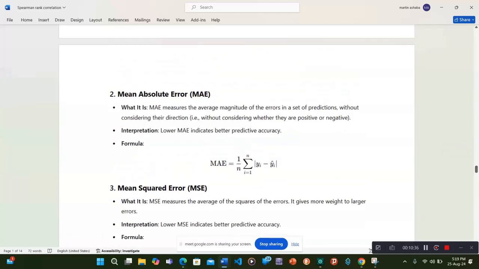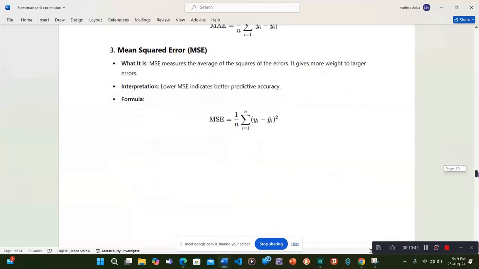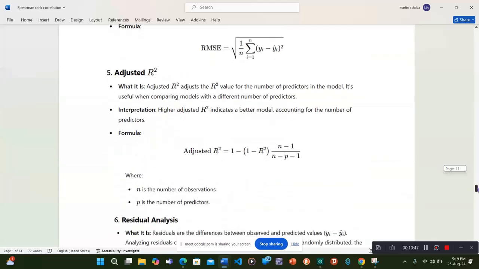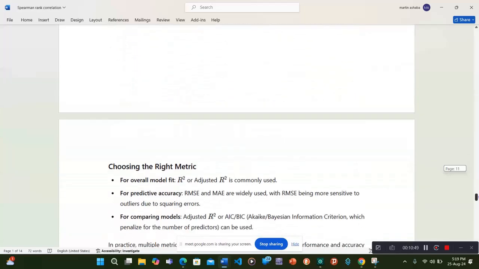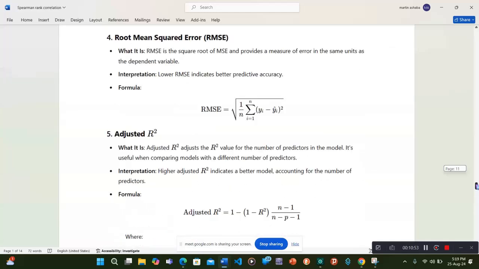There are other methods for measuring the accuracy of the model. We have the mean absolute error, the mean squared error, root mean squared error, adjusted r squared, and residual analysis. Those others we shall not talk about.